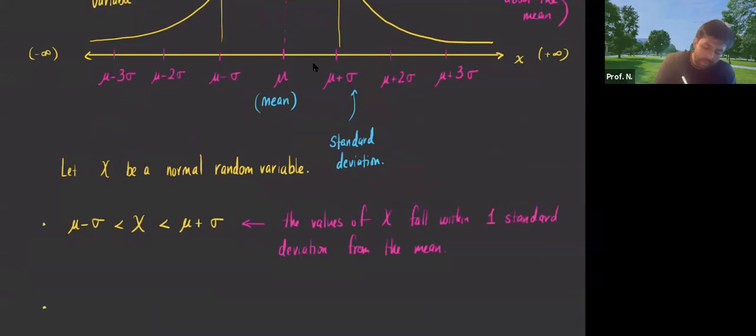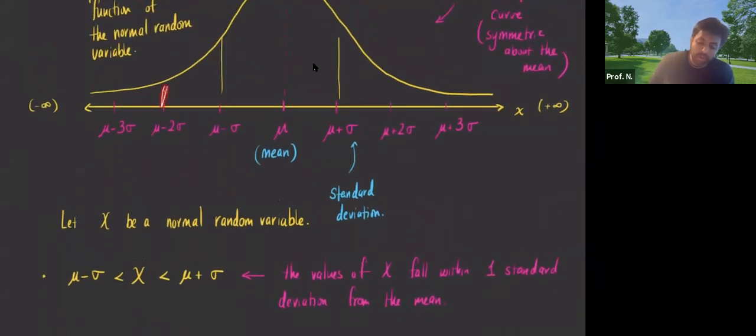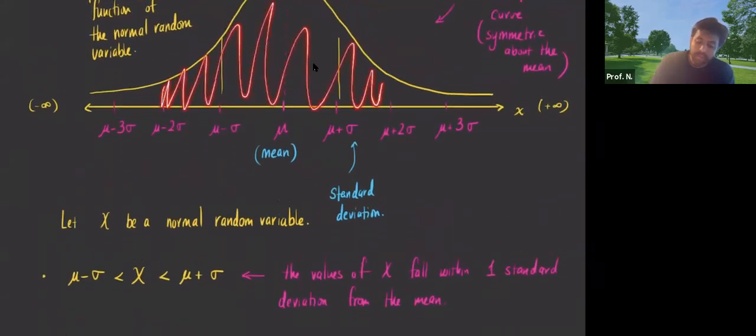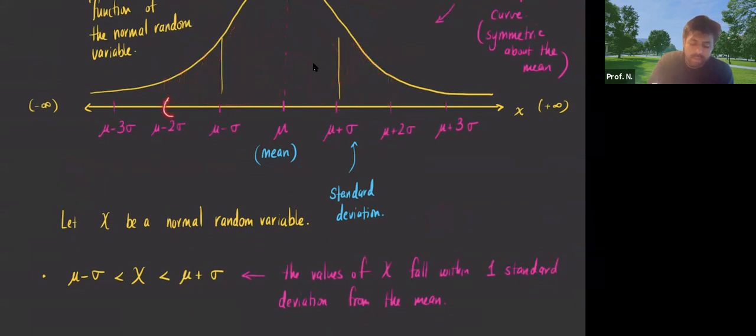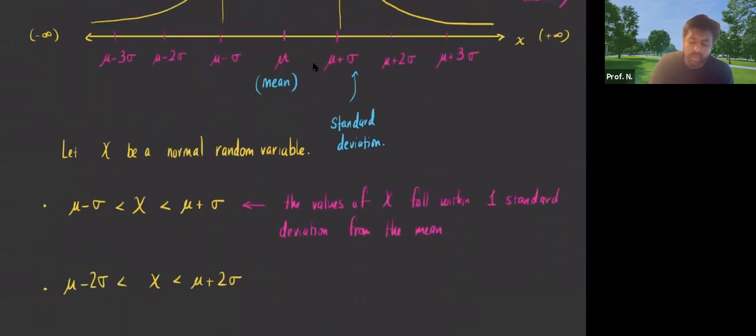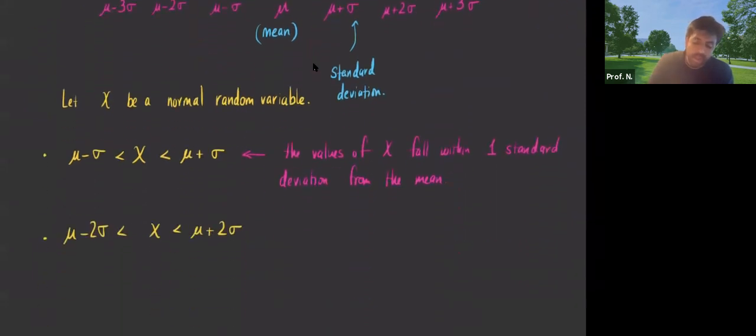And then if we have 2, if x is between mu plus 2 sigma and mu minus 2 sigma, this includes all of this. This area here would represent the probability that my random variable attains those values between mu minus 2 sigma and mu plus 2 sigma.